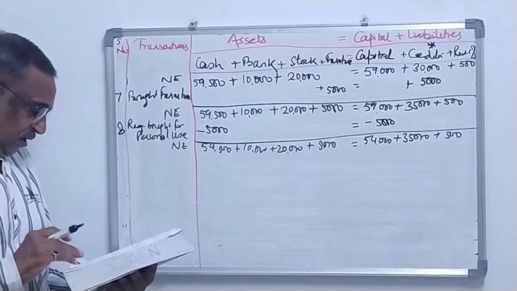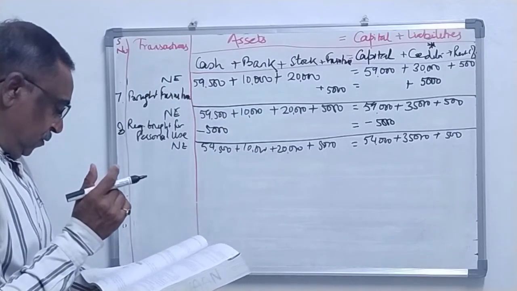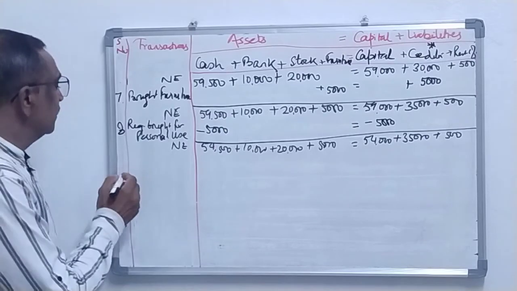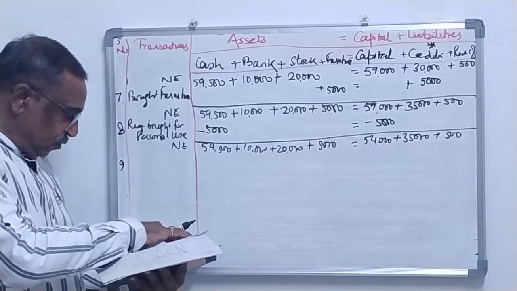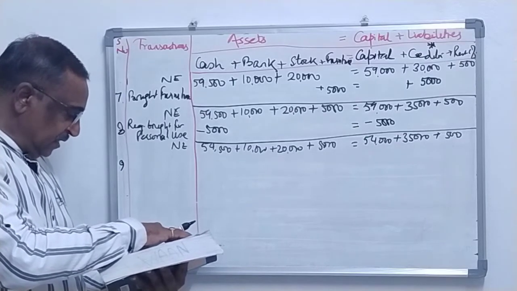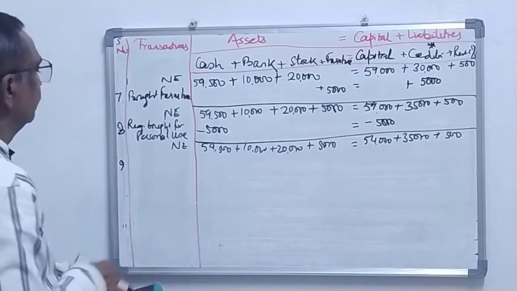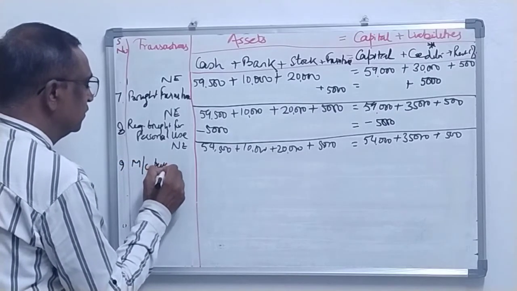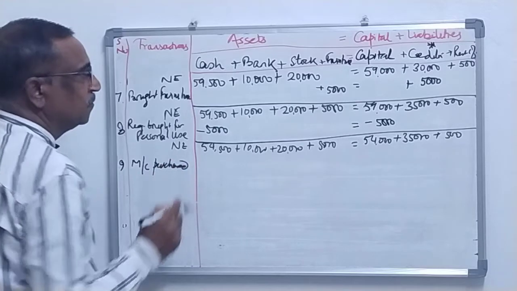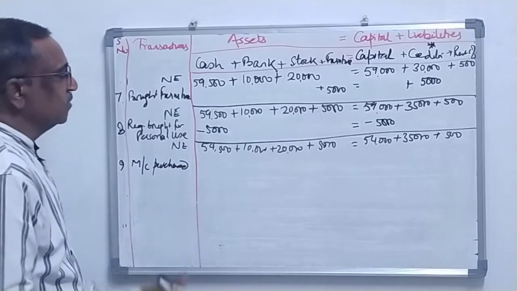Okay. Now we move on to the 9th. Purchased motorcycle for cash, 20,000. Motorcycle purchased for 20,000 in cash.